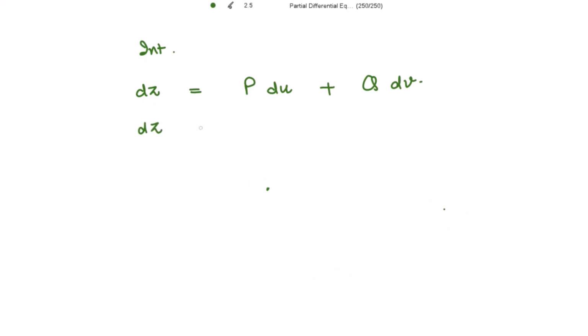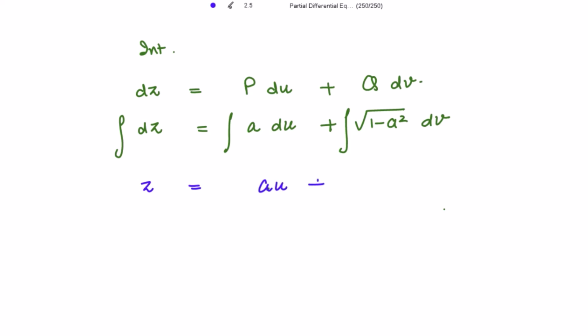So putting the value of capital P, that is a du plus the square root of 1 minus a square dv. Integrating, we get z to be equal to a u plus the square root of 1 minus a square v plus the constant b. And now putting the values of u and v over here. So this is z equal to a. What is u? We have u square equal to x plus y.